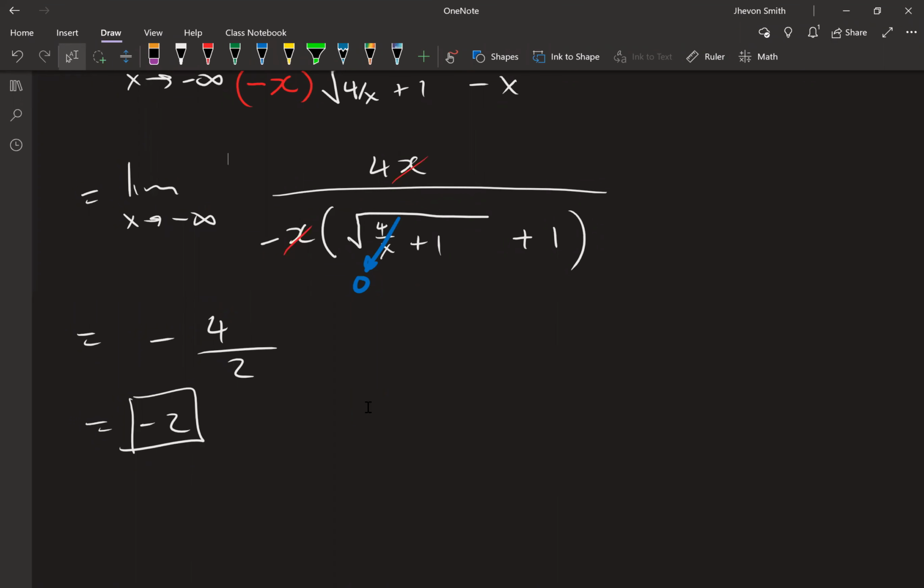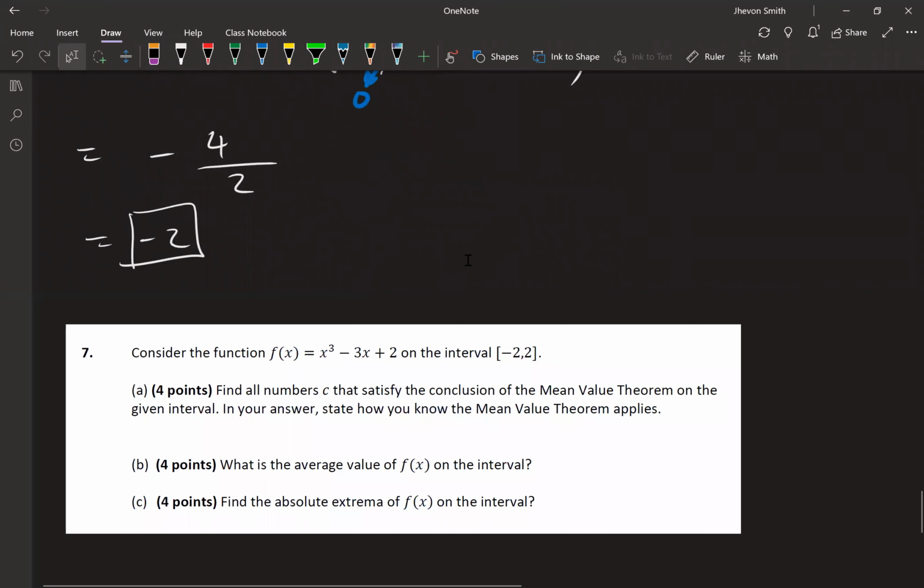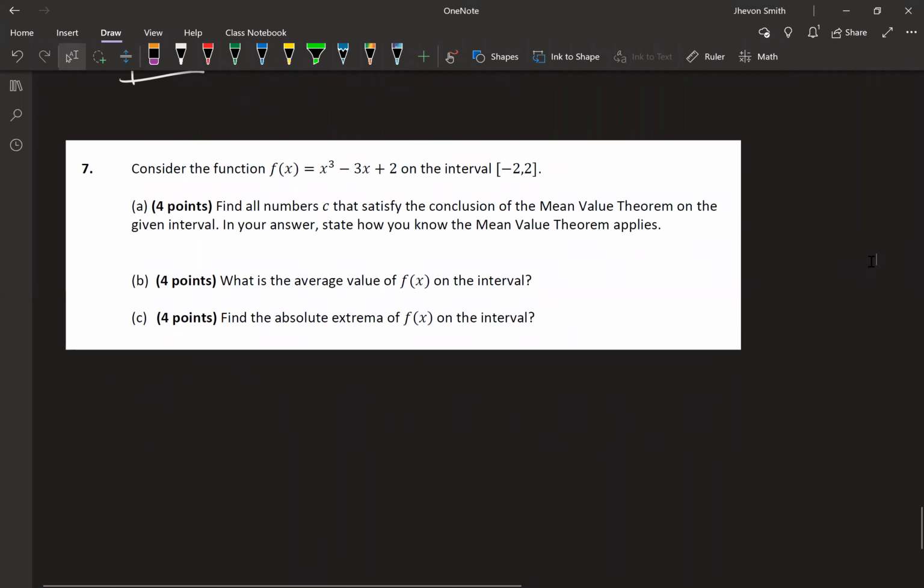Can you go through the 7b? So the average value.